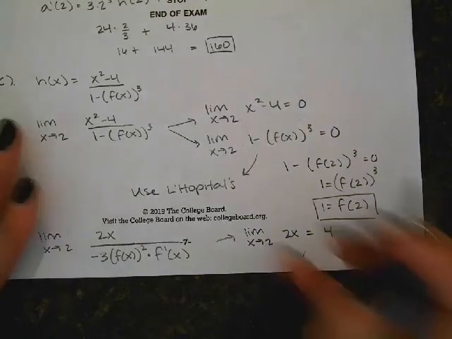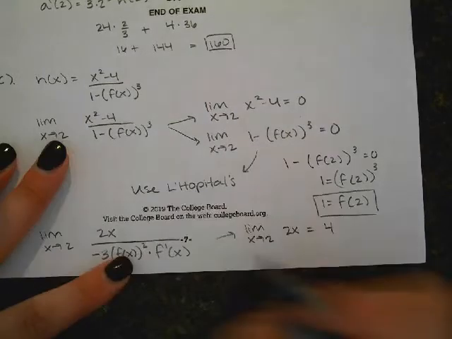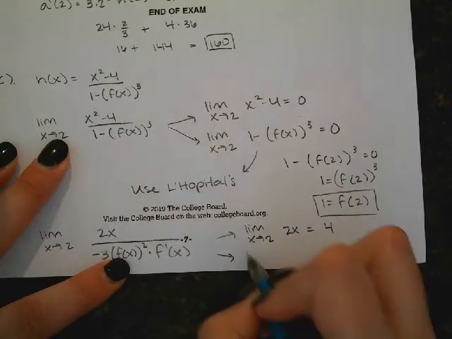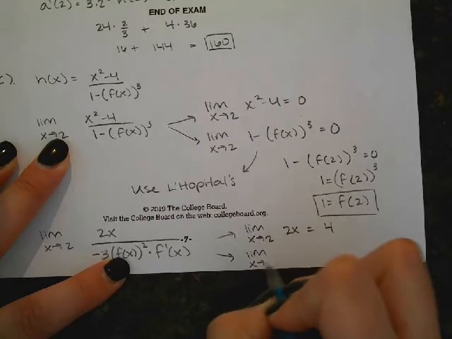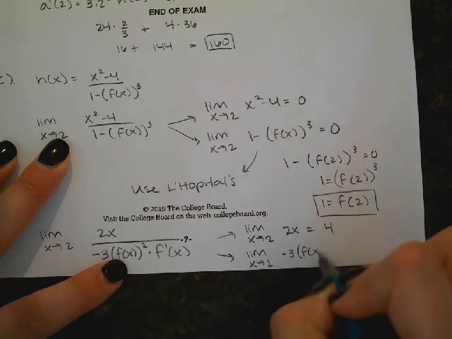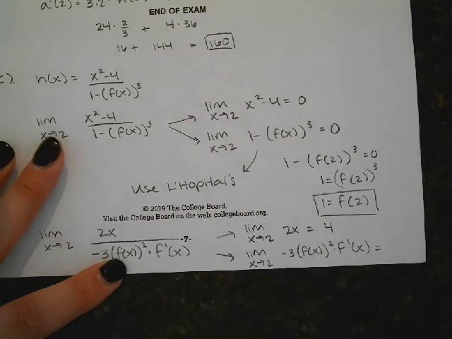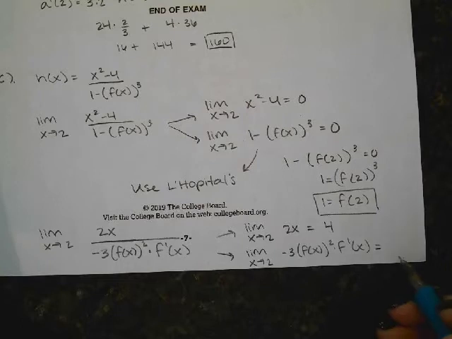I was like, okay, well, at least let me start to deal with the bottom part so I at least know what I'm looking at. So I said, the limit as x approaches 2 of negative 3 f of x squared times f prime of x has to equal a number somehow, because they tell us to find the limit of h of x.